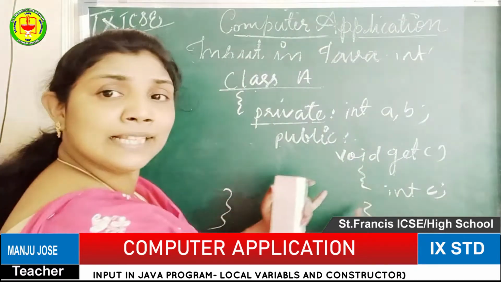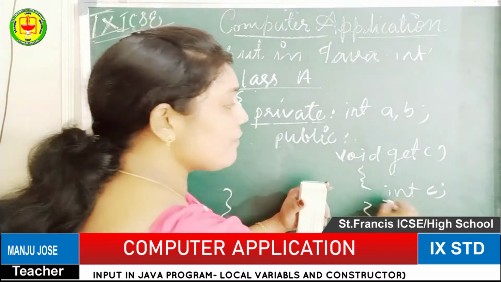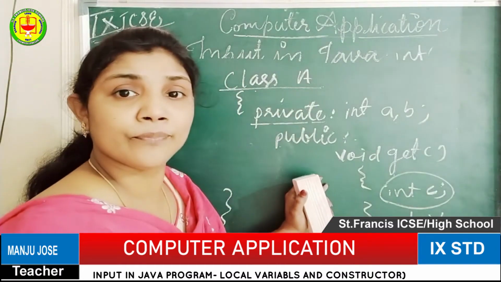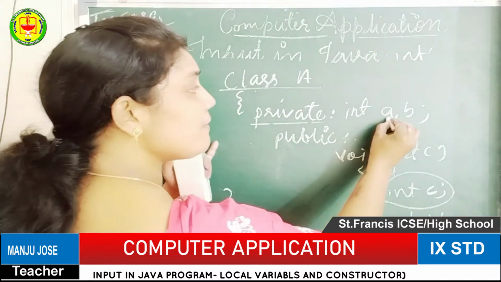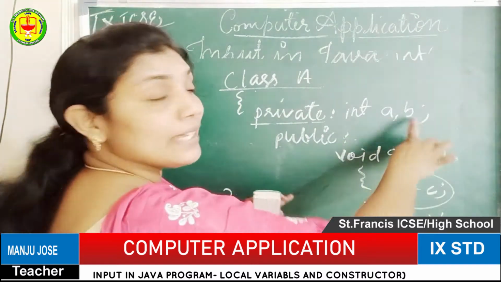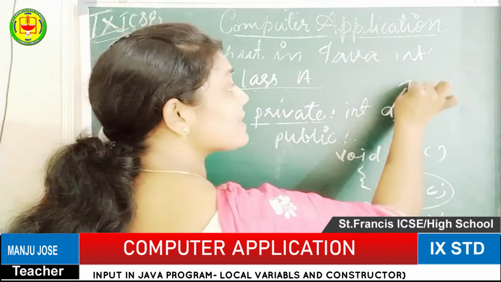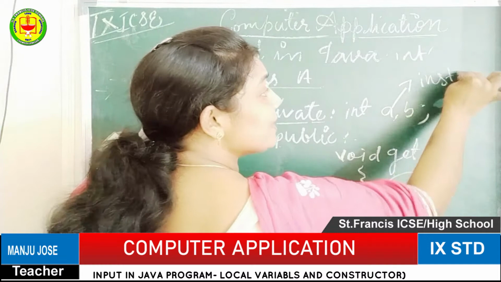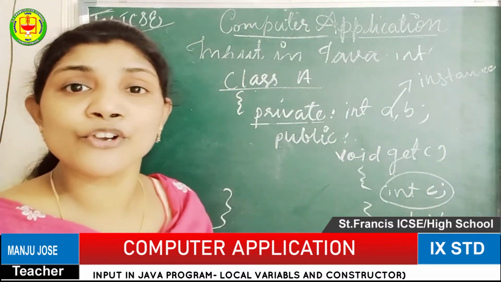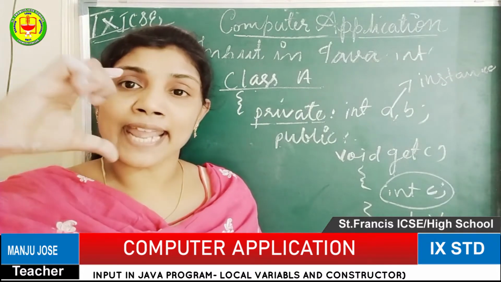So the variable we have used inside the member function is called a local variable. The variables we have used in the private section, A and B, we can consider as instance variables. The speciality of the instance variable is that the same variable can be accessed in the entire class.